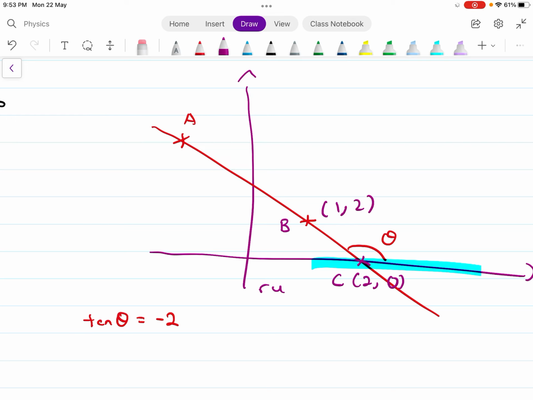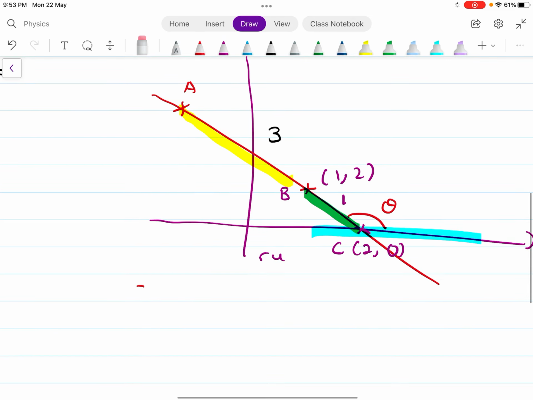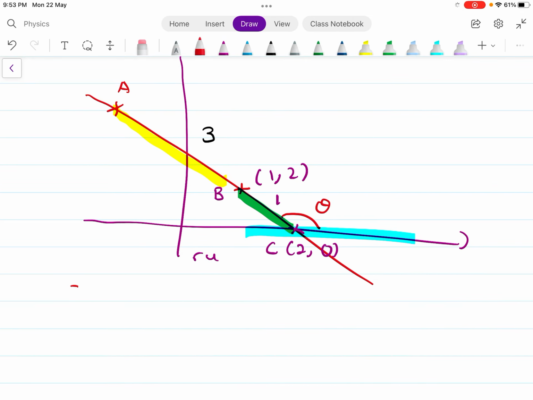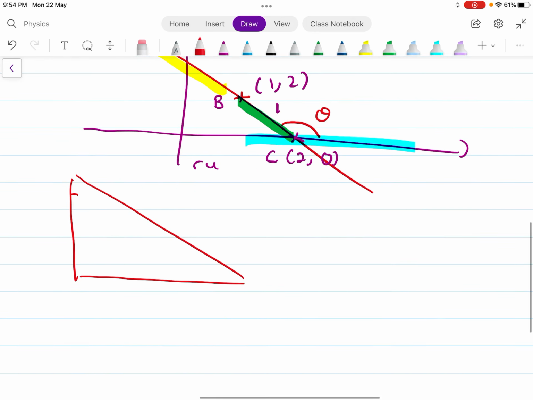So they tell us that the ratio of the length of AB is 3. The ratio of the length of BC is 1. So how do I find A? Since I already know my B and C, I find two similar triangles. One will be the big one, which is A to C. Then the next one will be the smaller triangle, which is BC.